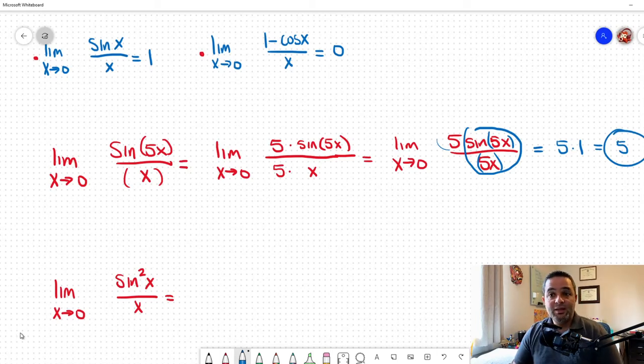Now, we saw the answer is 5. Some of you might have looked at this and said, why don't I get 5 if I just cancel out the x's? Isn't that the same answer? No. You got the right answer, but for the wrong reason.